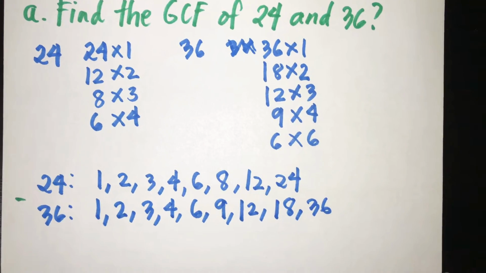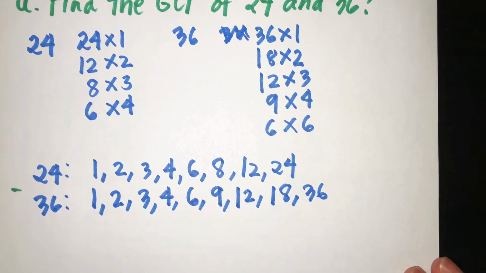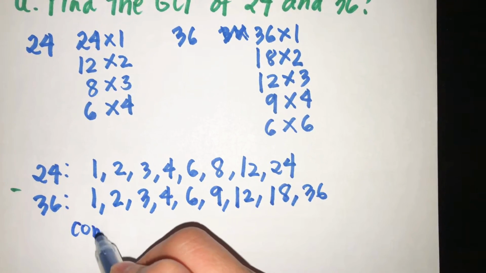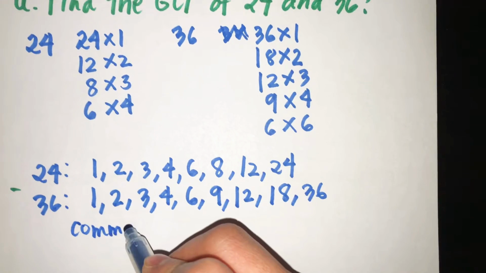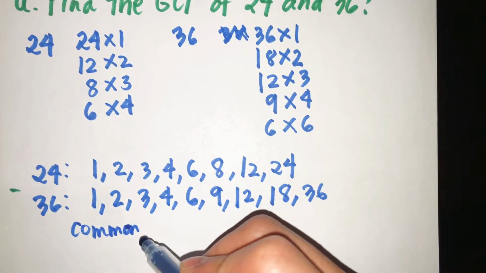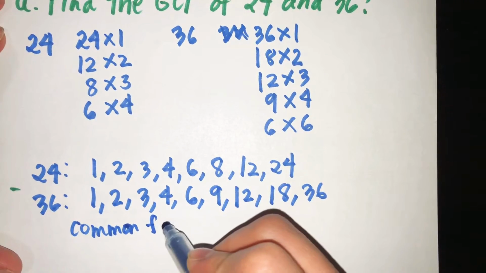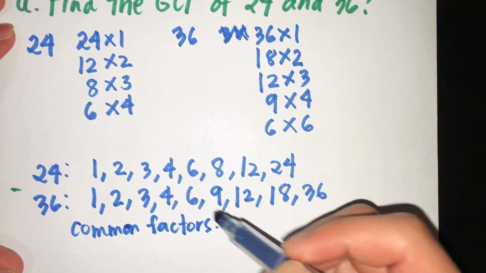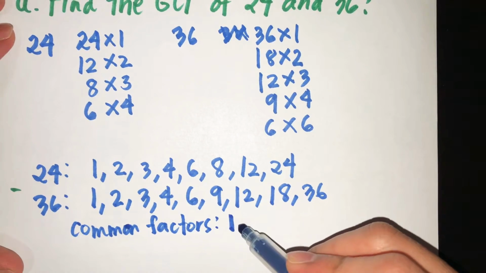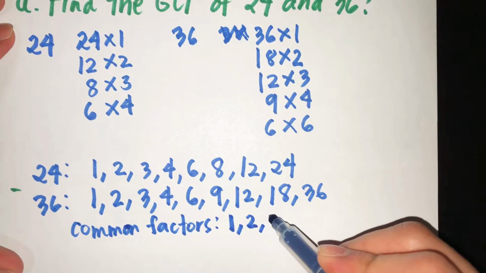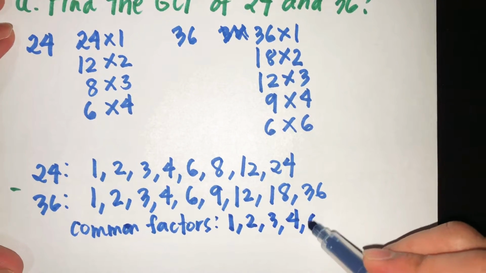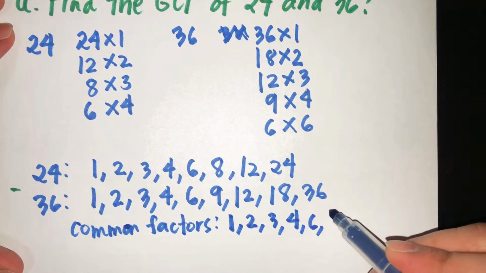Now here, why is it called the greatest common factor? Because as you can see in the list of factors, we have common factors. So we'll write the common factors, which are 1, 2, 3, 4, 6, and 12.